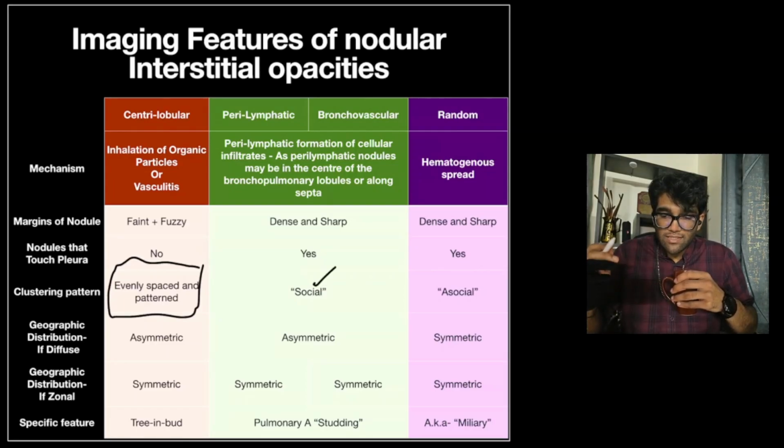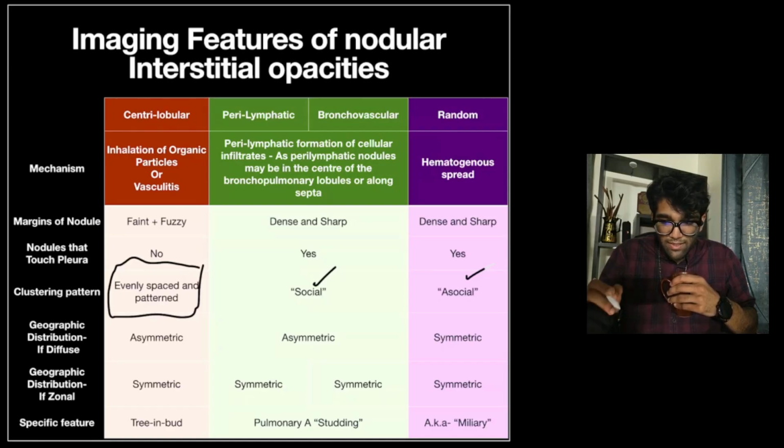Random nodules don't want to talk to each other, they want nothing to do with each other, so they remain separated. And we've understood why that happens. They are forming along the branches of the pulmonary artery, and the branches of the pulmonary artery, as you go more distally, are branching out. They are moving away from each other.